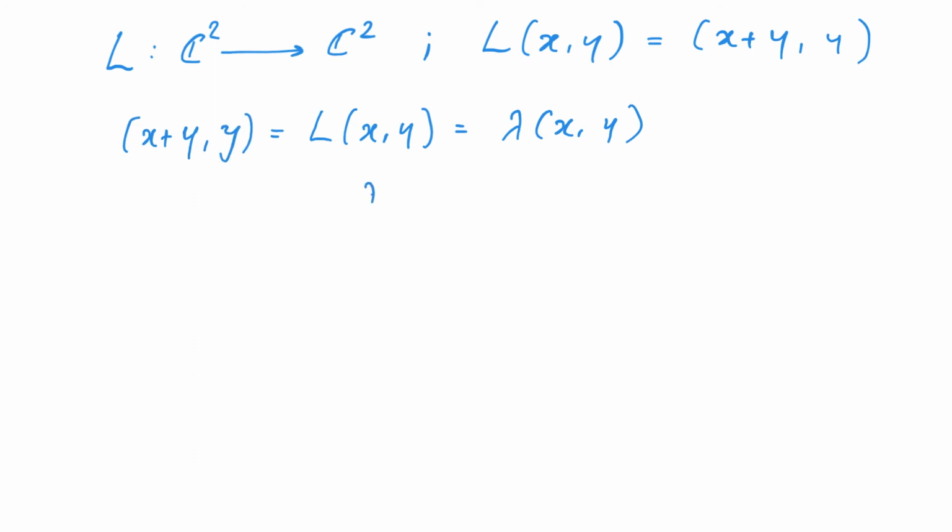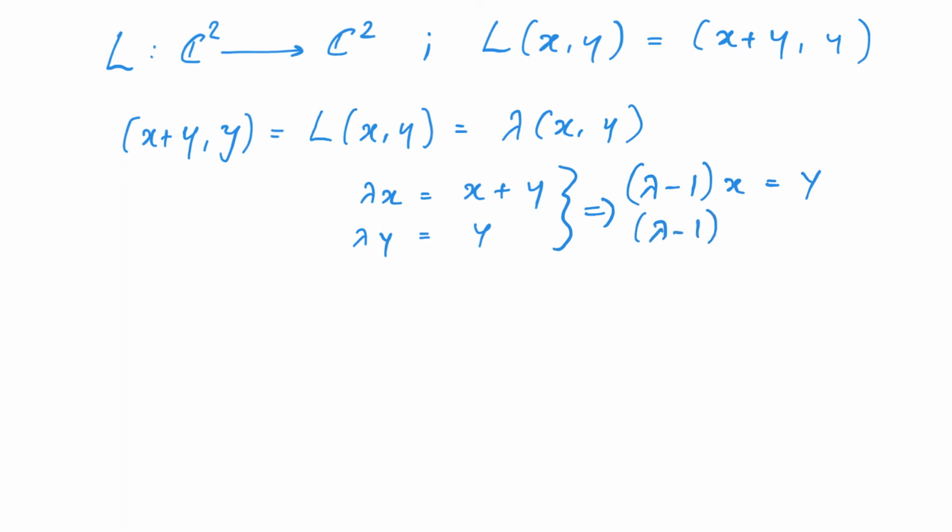Namely, lambda x is equal to x plus y and lambda y is equal to y. The two equations are equivalent to (lambda minus 1) x is equal to y and (lambda minus 1) y is equal to 0.